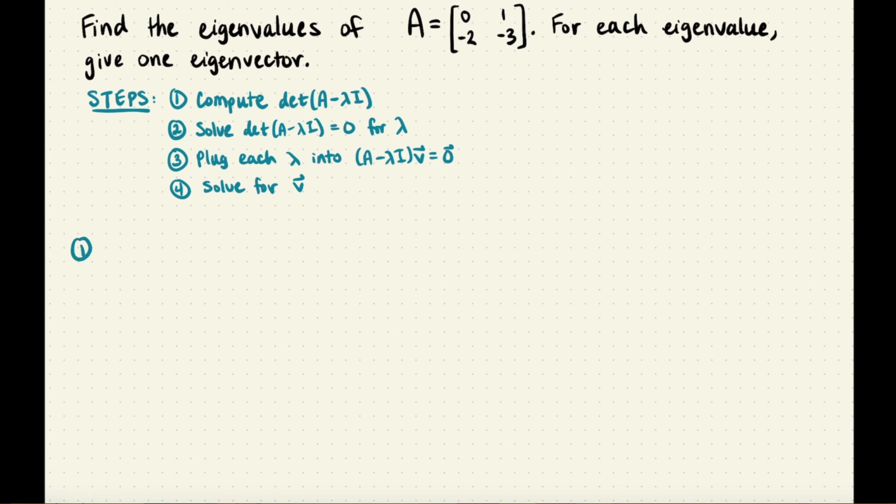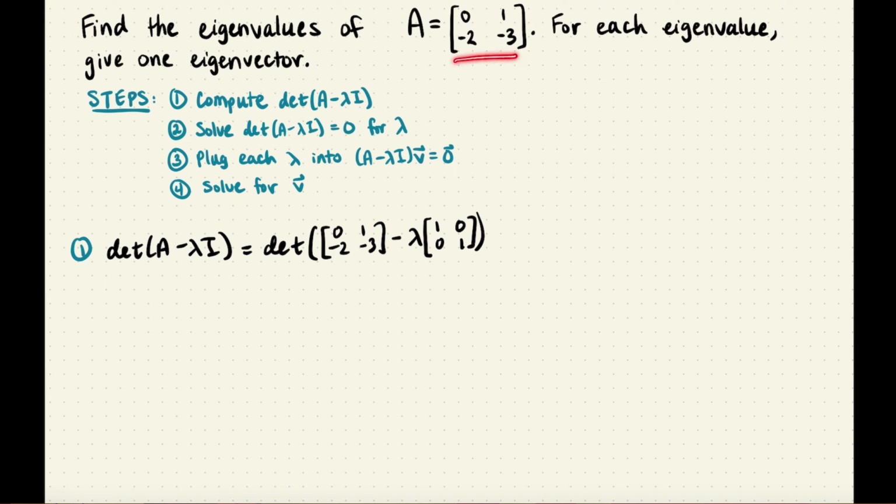So starting with our first step, I'm going to figure out what the determinant of A minus lambda I looks like. So this is the determinant of our matrix A, 0, 1, -2, -3, minus lambda times the identity matrix. In this case, it's a 2 by 2 identity matrix.